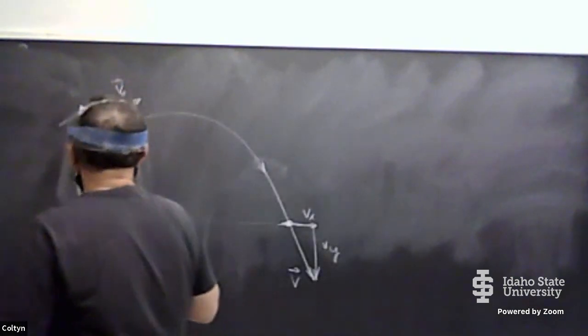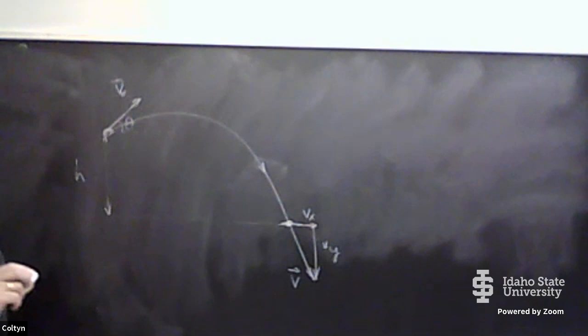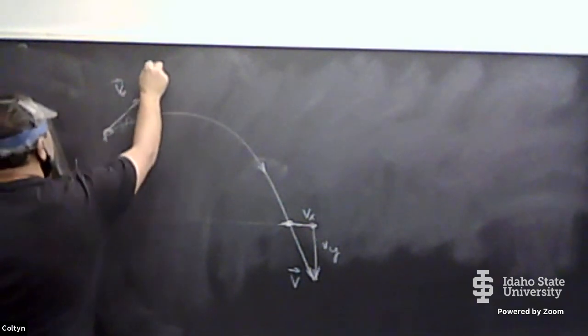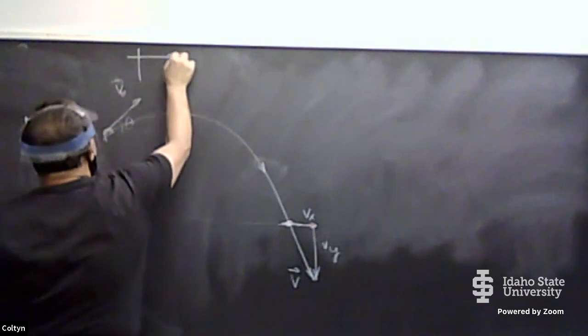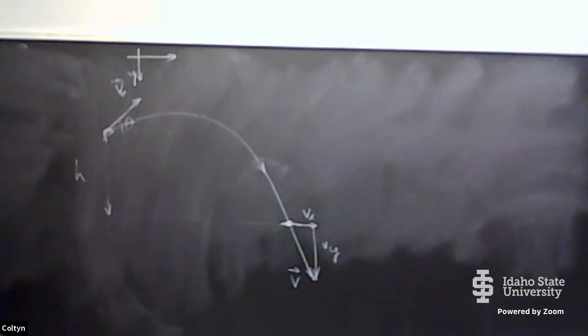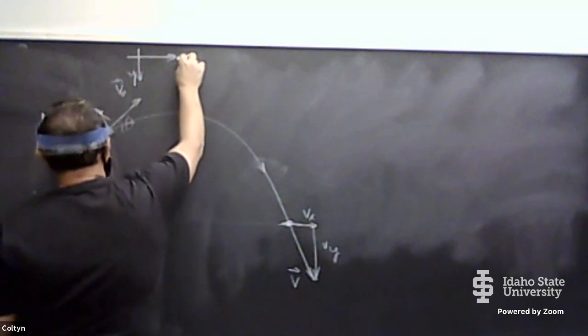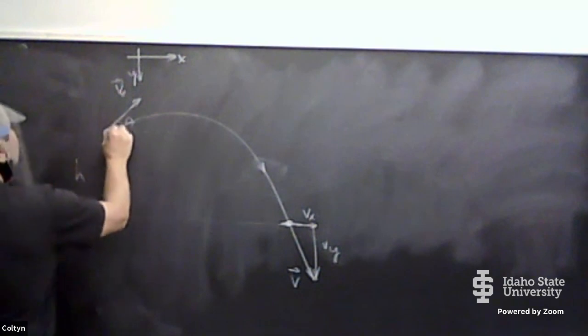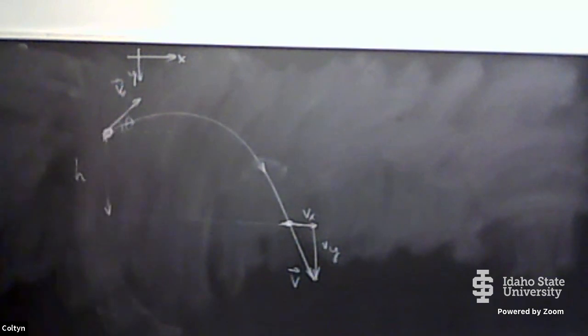The coordinate system I would use has the positive y-axis down, the x-axis to the right, and the origin of the coordinate system at the launch point. So the problem is asking us to find the final velocity in magnitude.